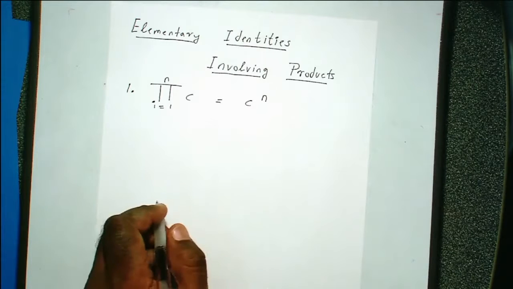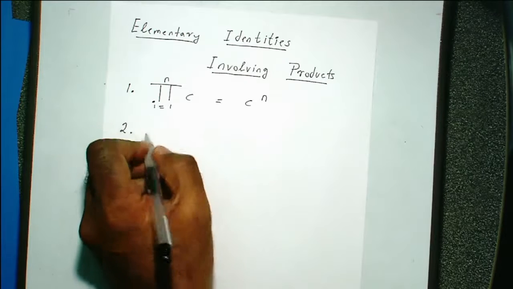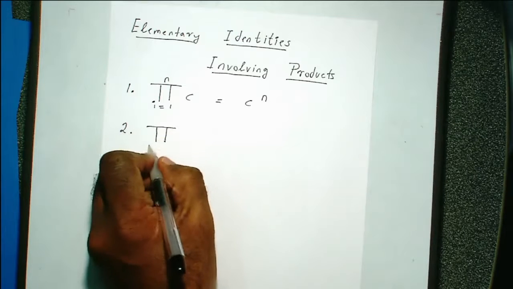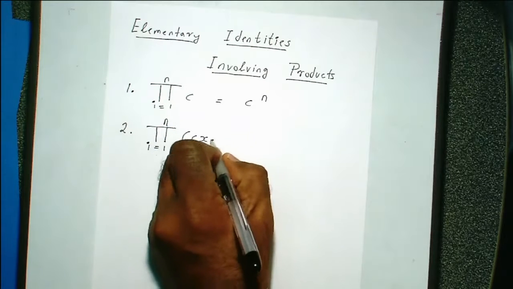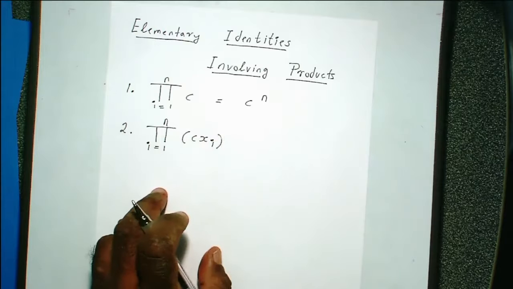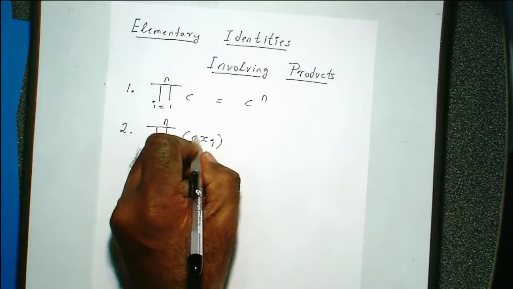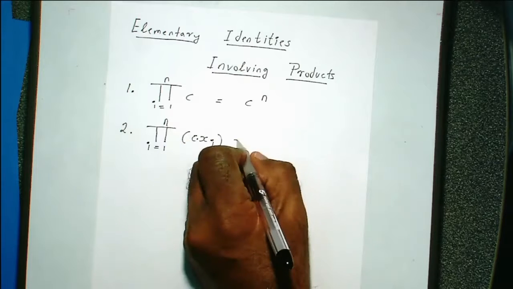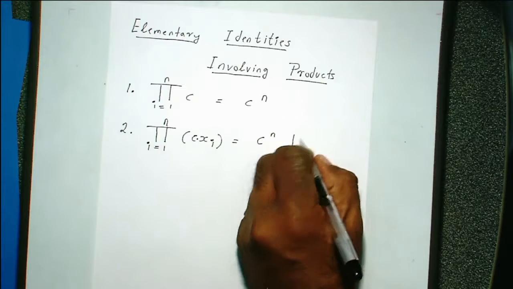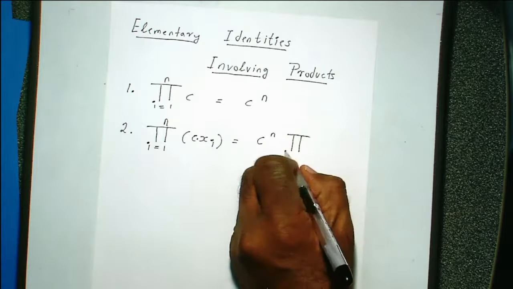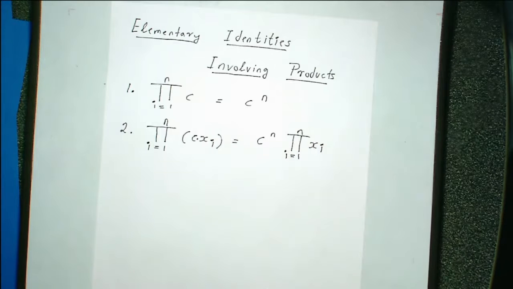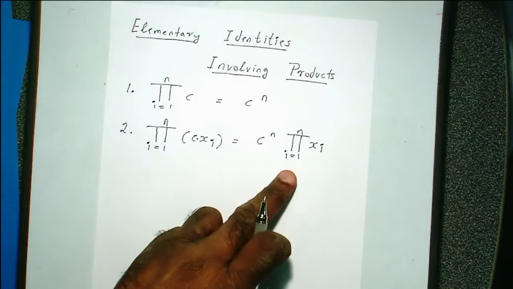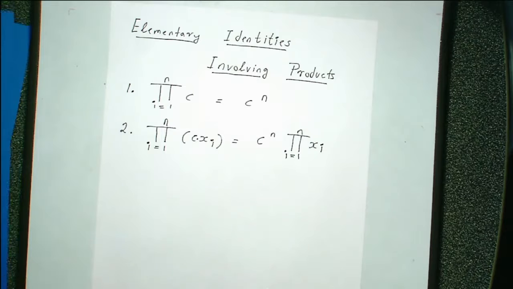And number 2, if you have a product like this, a constant times xi, this is c, the constant, to the power n times the product of xi, right?